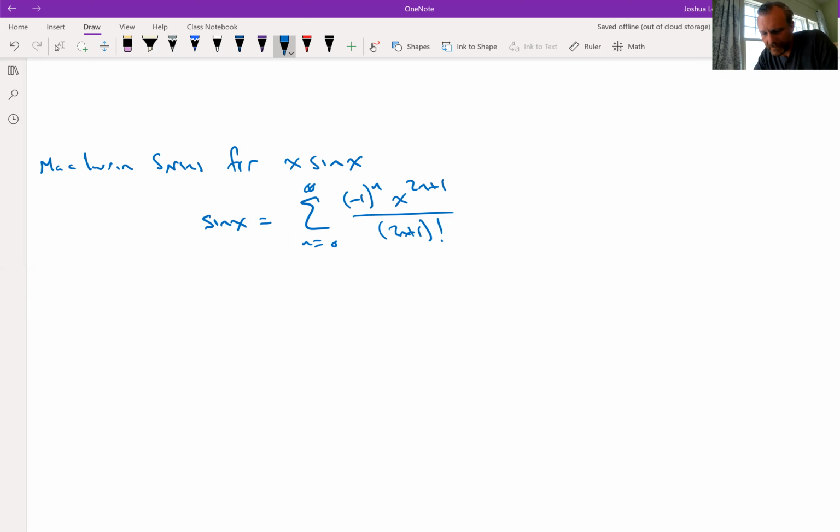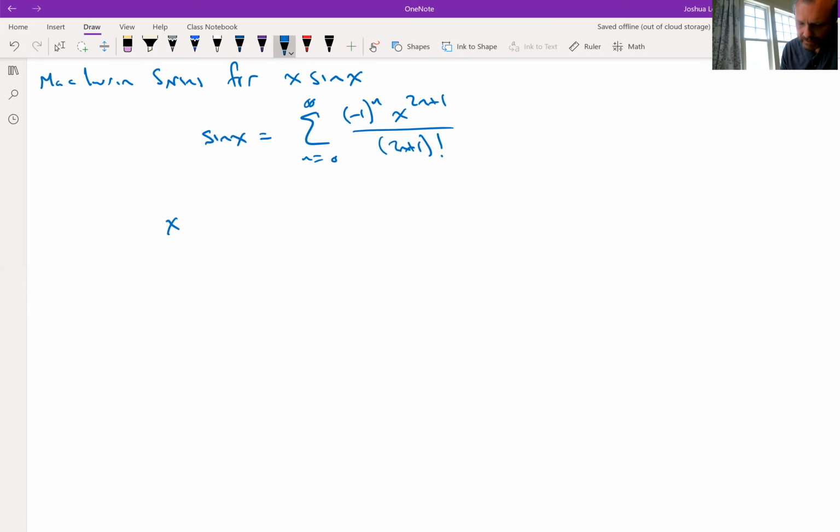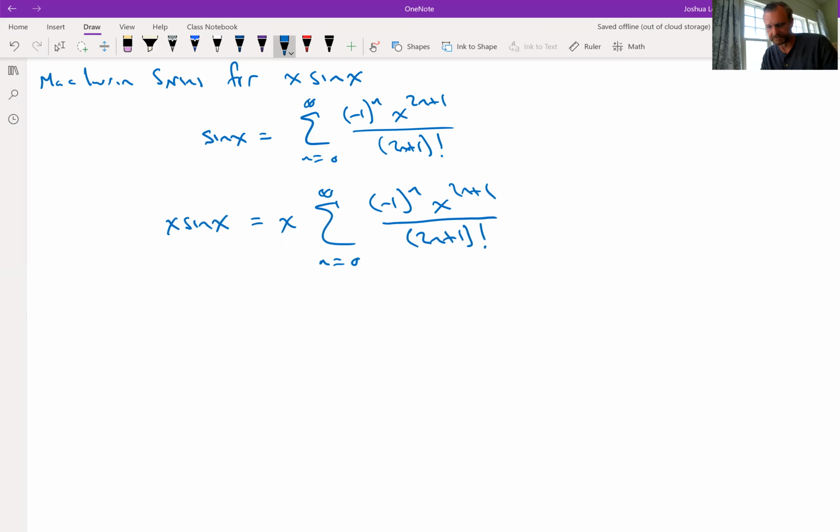Well, how could we then look at x sine x? Well, x sine x will just be this, and what we want to do then is, for lack of a better word, bring x inside the summation. But why am I allowed to do that?